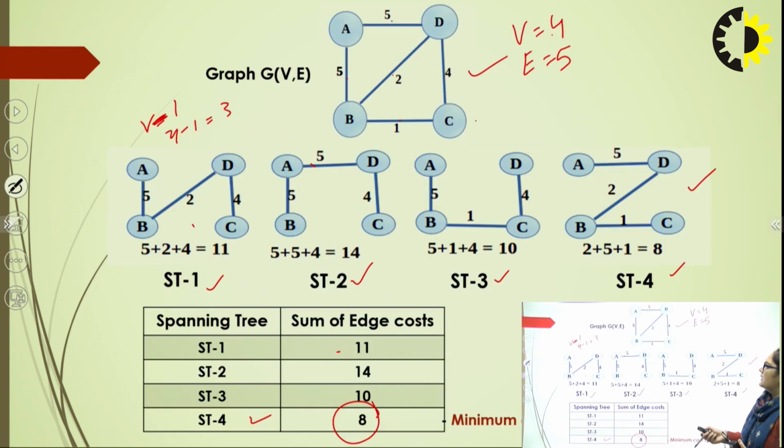Obviously this method is very time consuming and not memory efficient, because we have to generate all possible spanning trees, then calculate the sum for each spanning tree. So this will take time and more memory. So this is not a better approach.